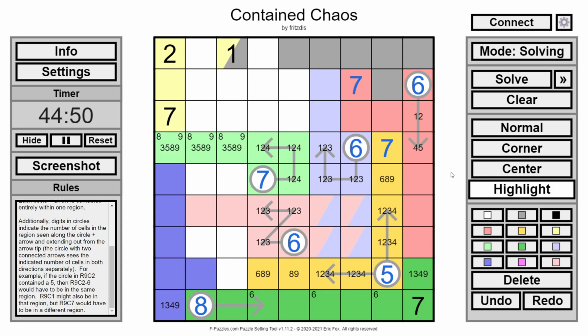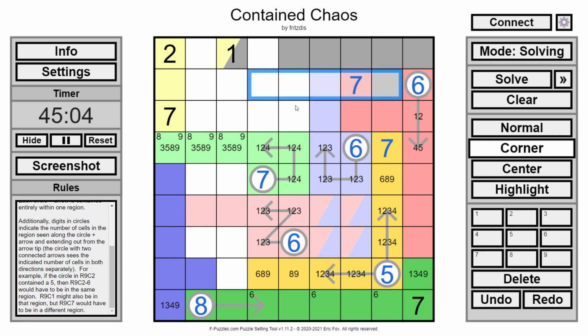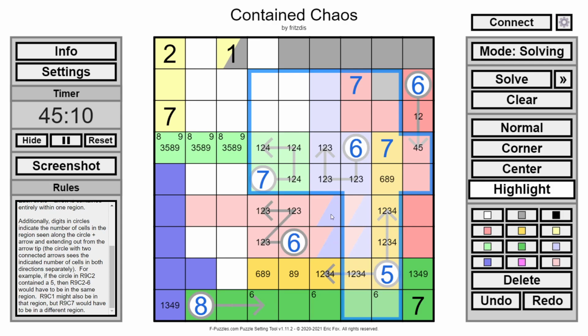We do have a lot of 7s now all of a sudden. Can we do anything with 7? So 7 in light blue. Light blue can't get up to row 1 to take a 7 up there, but it's currently blocked from being a 7. Any of these cells are blocked from being a 7. That only leaves 2 possible cells.